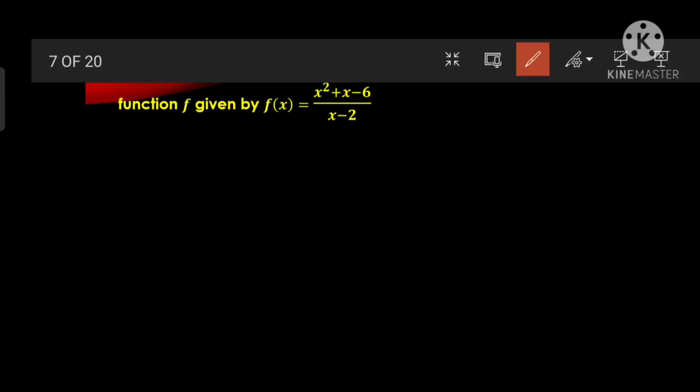So let's have f of x. Let's have some more spaces here on the left side. So we have f of x. That's it. So this time we will have 3.